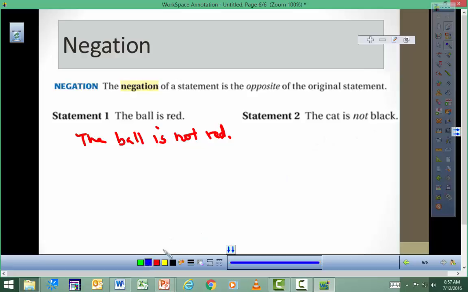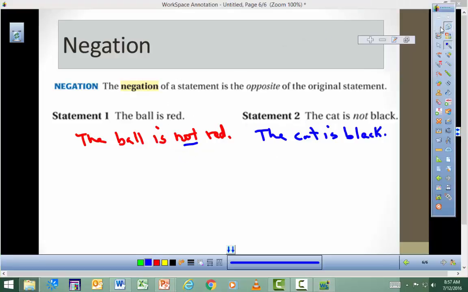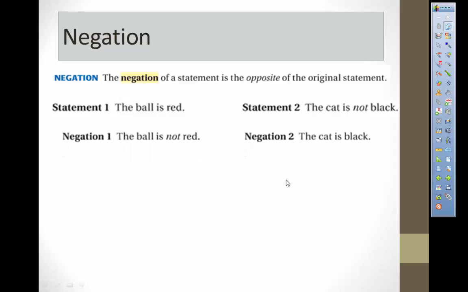So on this one, we'll state the cat is black. Okay, so that's not too hard. It's just the opposite of whatever the statement was. Don't think that the negative always has the word not in it. It may have the word not, depending on what the original statement was.